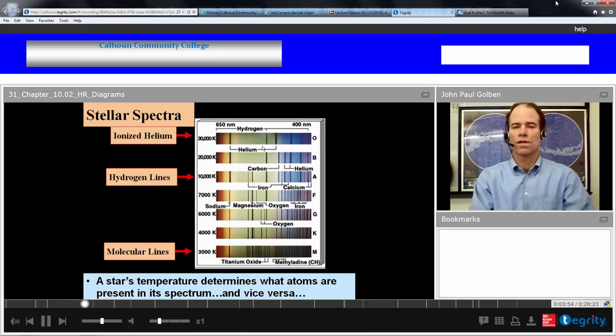As you get really hot, the hottest stars, you're ionizing even the atoms so that they don't even have electrons in orbitals, and the very hottest stars would show a very easy signature of ionized helium in their spectrum. Those are classified O.